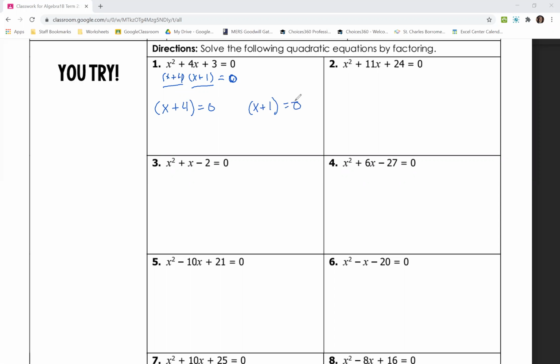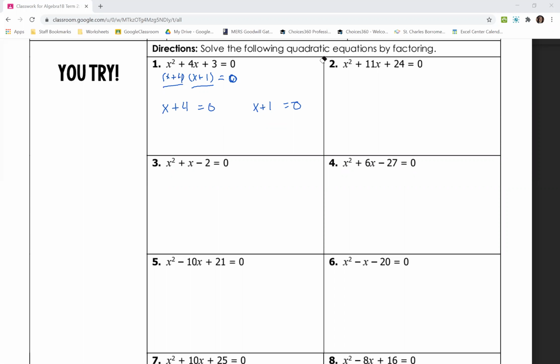And really, you don't need the parentheses anymore, because we no longer have that original equation where it was a multiplication problem. What we did was we created our new equations, which happen to be linear equations. And you already have linear equations in the bag. You know what to do, right?